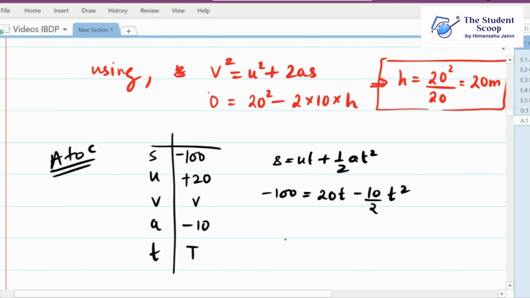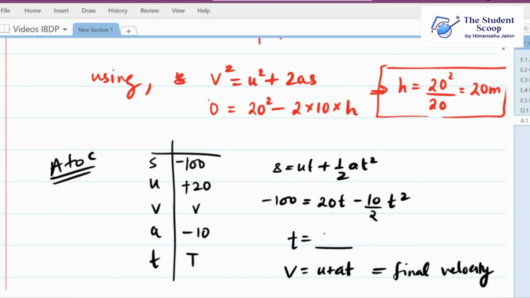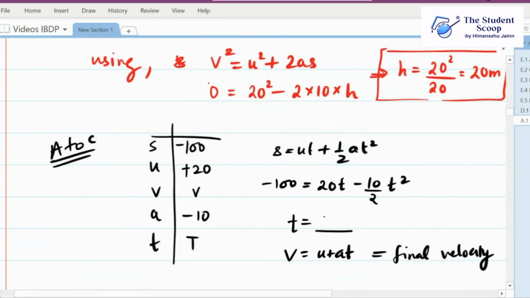In this, we can calculate t by solving a quadratic equation. Once we get the t, we can use v is equal to u plus at to determine the final velocity, just before the ground.